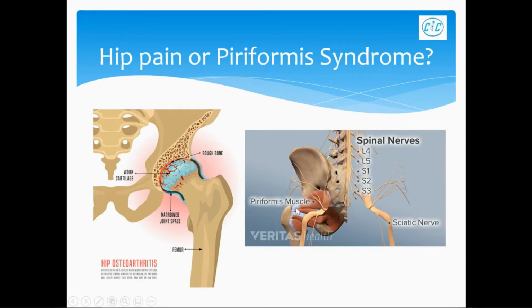And this piriformis muscle, in order to protect the joint, becomes tightened, or because the joint is not functioning well over time, it causes this muscle to become weakened and shortened. And due to that, it is also going to cause the sciatic nerve to become compressed, and therefore the hip joint is causing this piriformis muscle to become tightened, shortened, and spastic, or a combination of all of those, which is going to cause the sciatic nerve to be irritated, and it causes sciatica due to the hip damage.